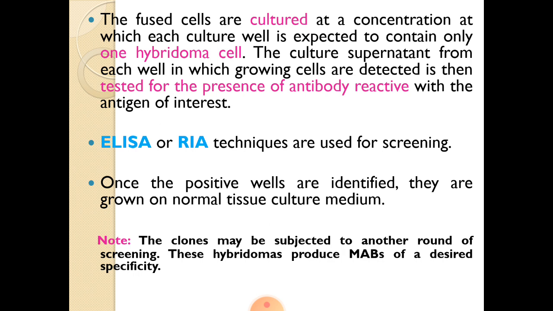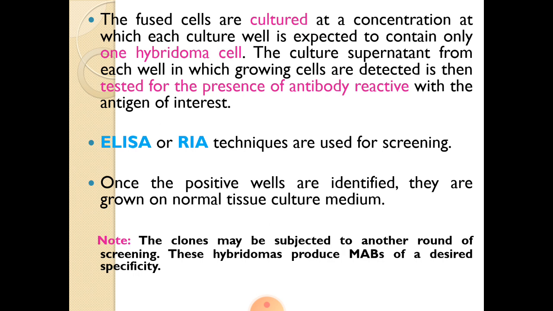The culture supernatant from each well in which growing cells are detected is then tested for the presence of antibody reactive with the antigen of interest. Then ELISA or RIA, radioimmunoassay techniques, are used for screening.